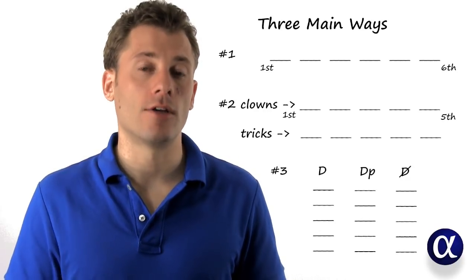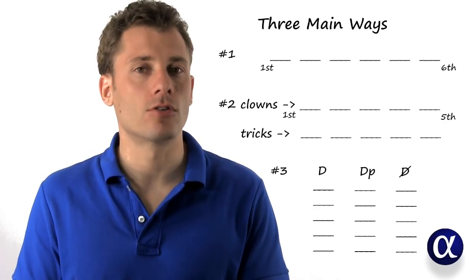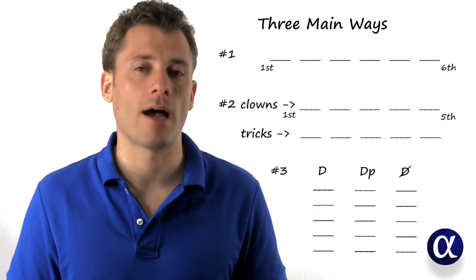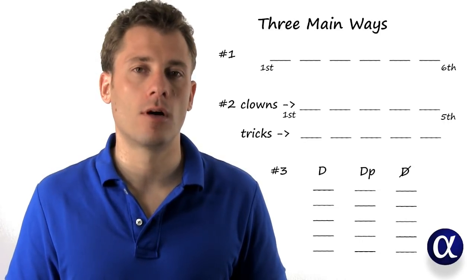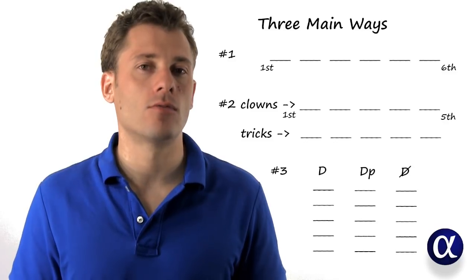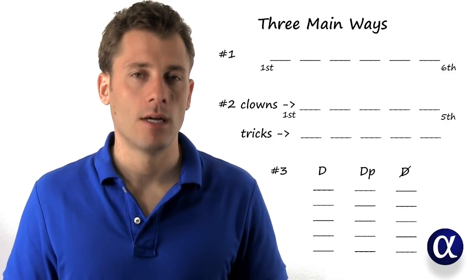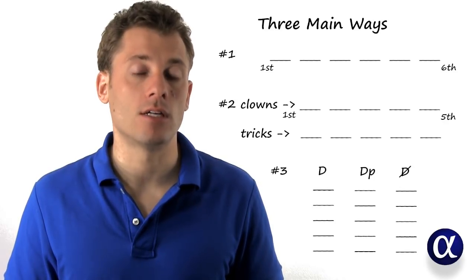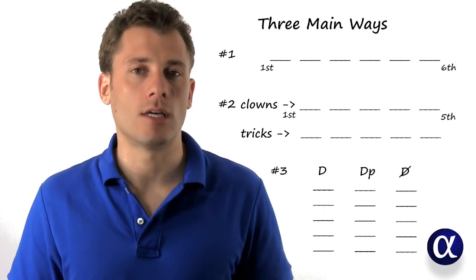So you just want to do your lines now vertically for your first group, your second group, your third group, or however many groups that you have. And you're just going to lay out your placeholders as simple blank lines as we did before, but now instead of laying them out in order from left to right, we're laying them out vertically for our groups, however many groups there may be. And those are really the three main ways that you're going to lay out your placeholders to develop the general structure of your logic game diagram.